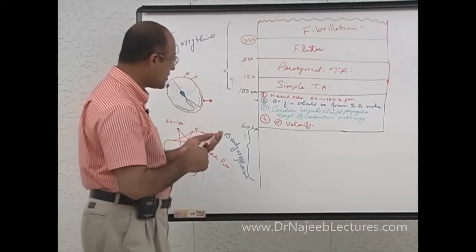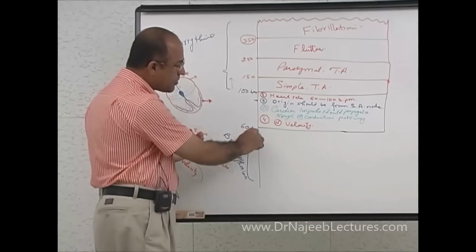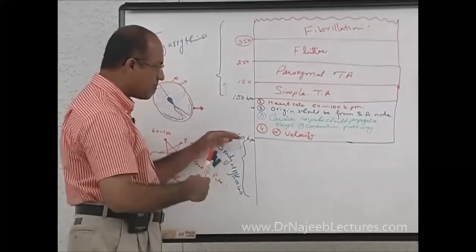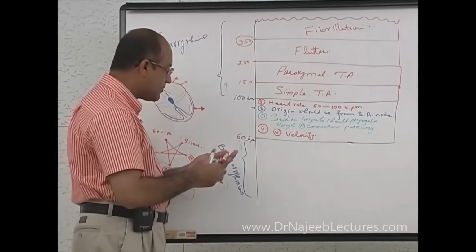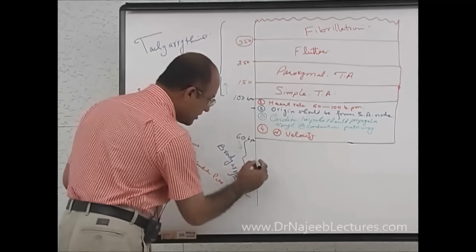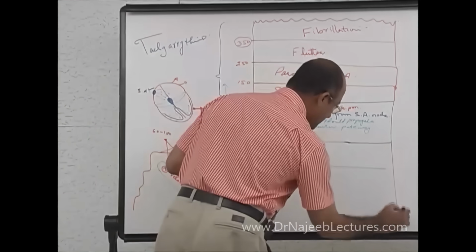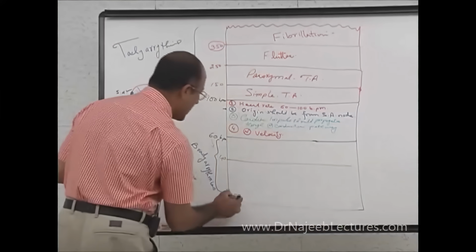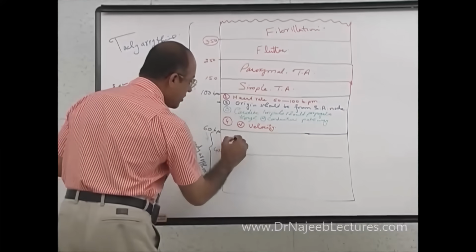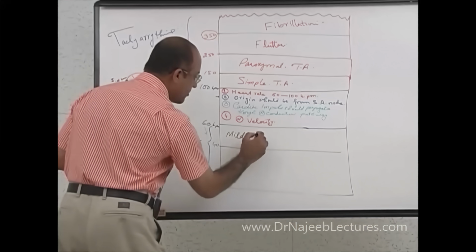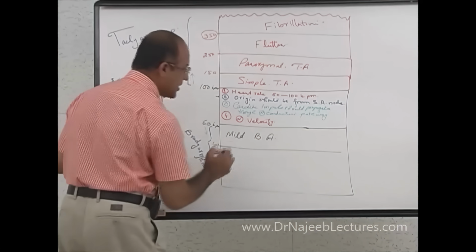Then, one thing more: when heart rate becomes less than 60, we call them bradyarrhythmias, and if it is somewhere between 40 and 60, these are called mild bradyarrhythmias.